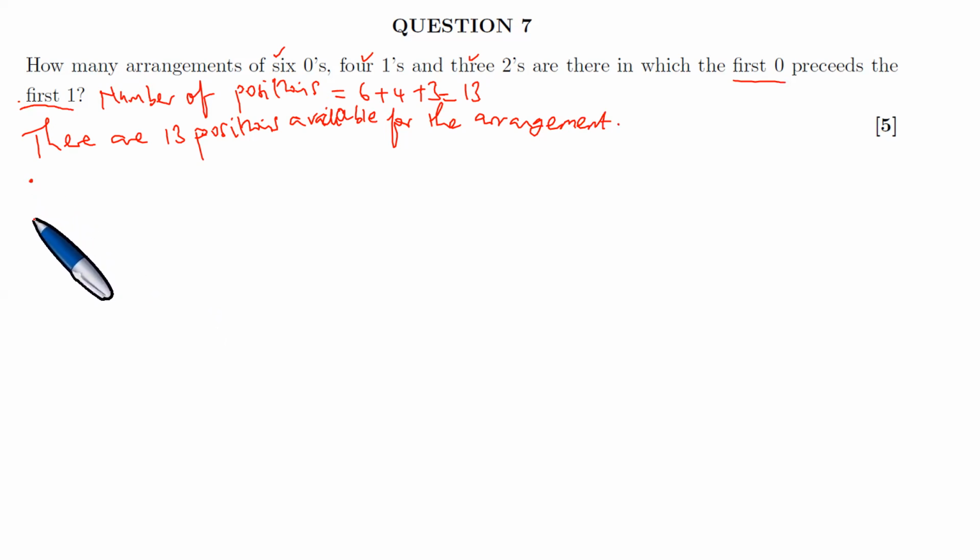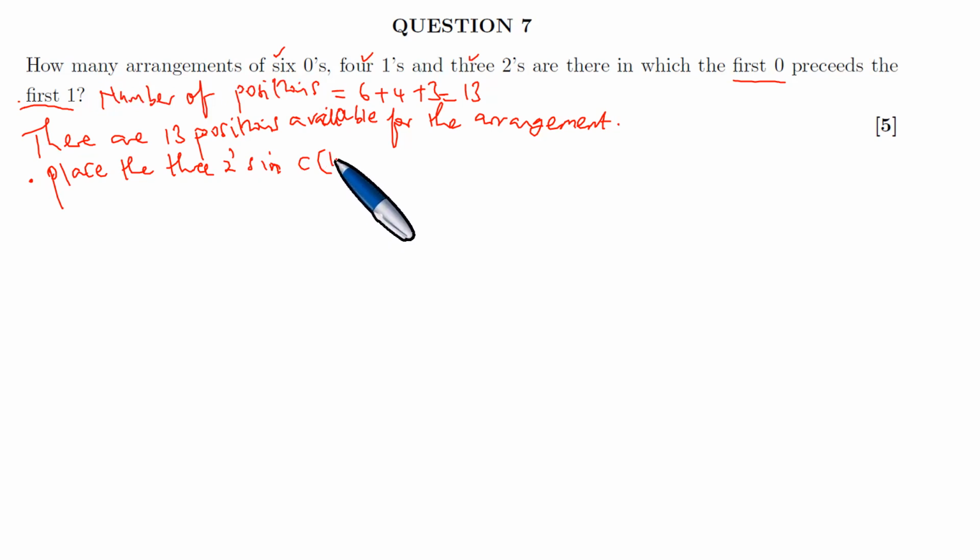So we decide to place the 3 twos. In how many ways would you place the 3 twos?